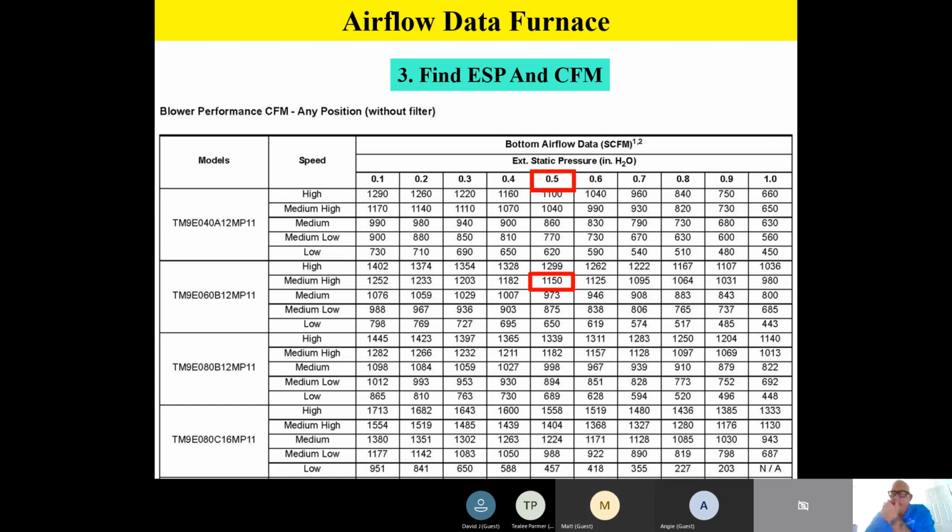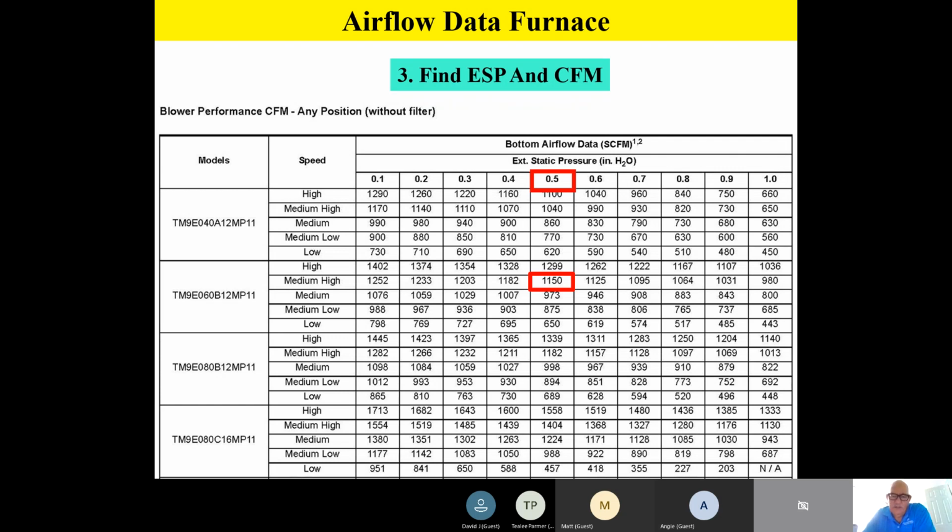So as a little footnote on furnaces, the coil's not included on these furnace charts. It should be noted, maybe make a little note somewhere: most of our cased coils, if they're clean and you've got proper velocity and airflow across it, typically have a static pressure drop of about 0.1 to maybe 0.12 or something like that.